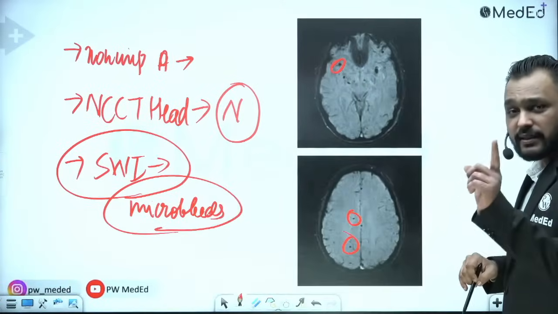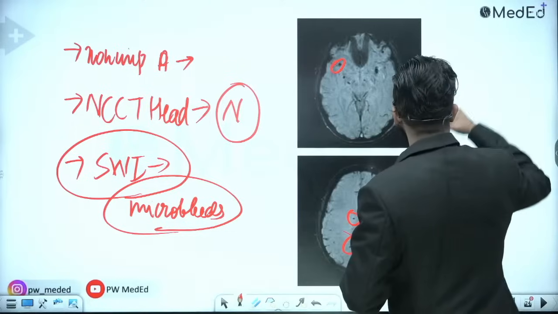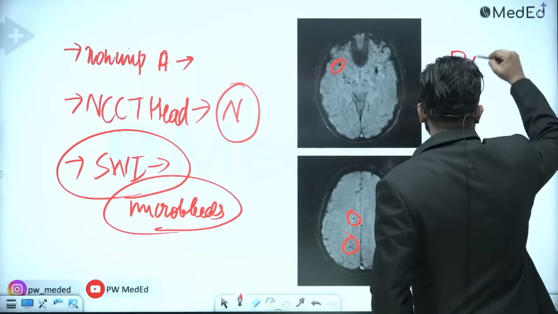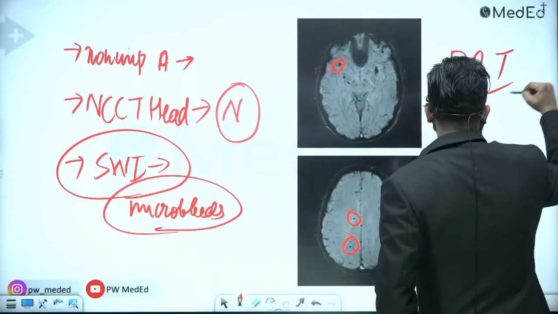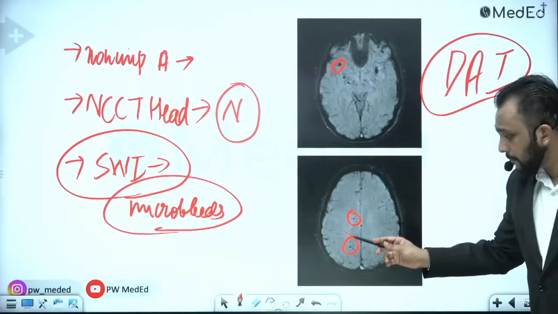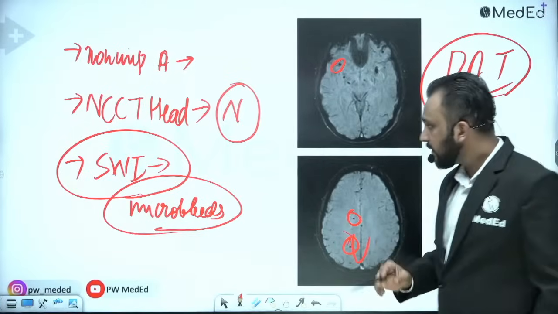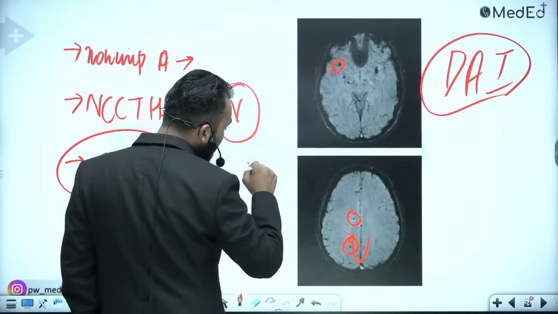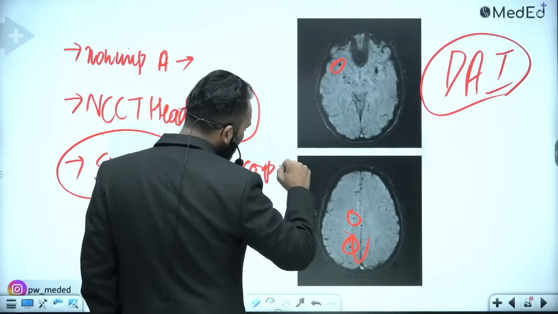I told you that NCCT head is the imaging modality of choice in all patients of trauma except diffuse axonal injury. So diffuse axonal injury will present as microbleeds in the area of gray white matter differentiation, gray white matter junction and your corpus callosum.